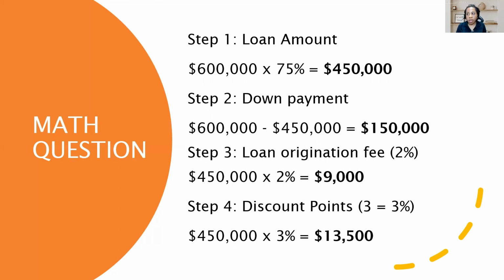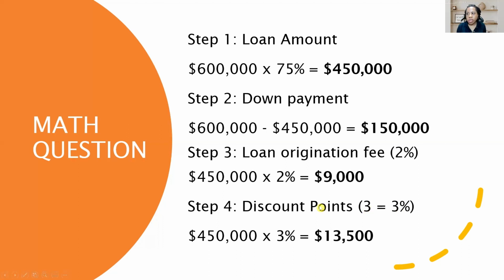Step 3, loan origination fee, 2%. That is $450,000 times 2%, and that gives you $9,000. Discount points. 3 discount points is also 3% of the loan amount.